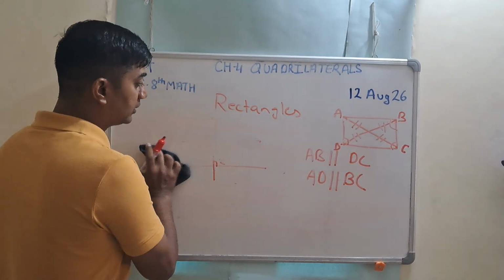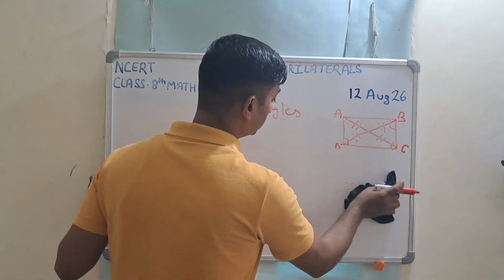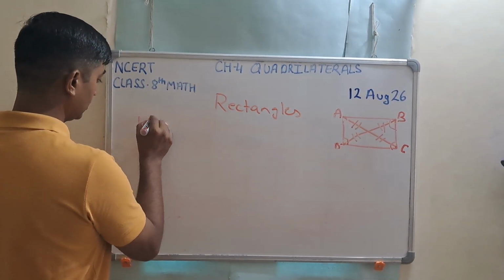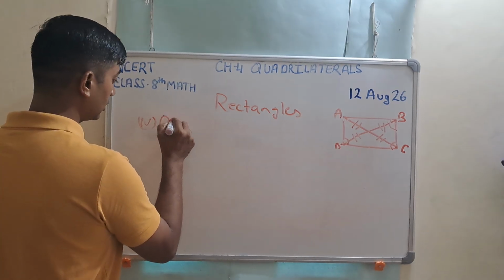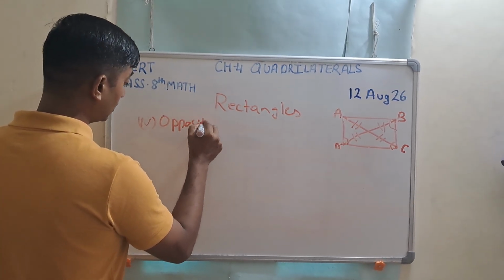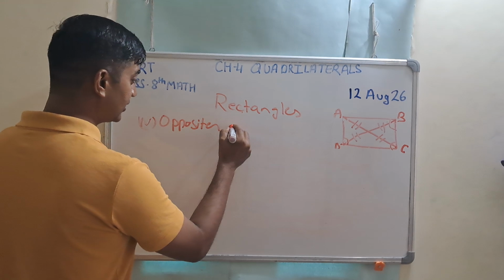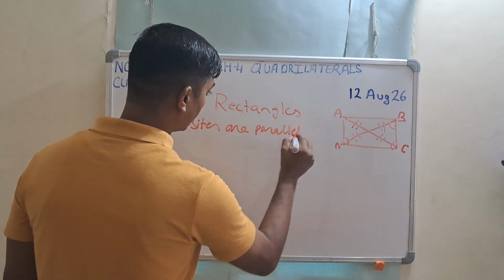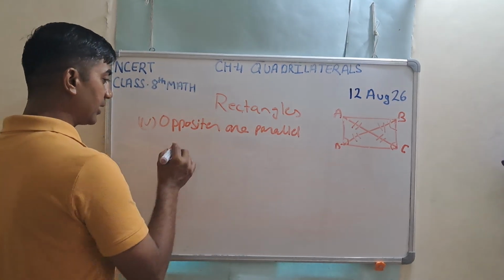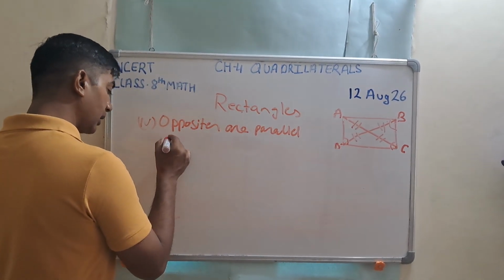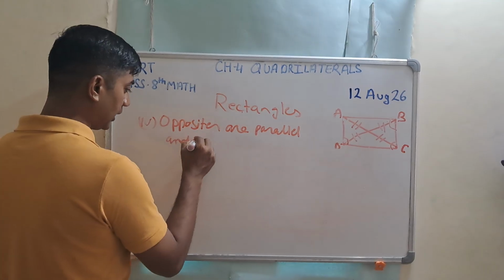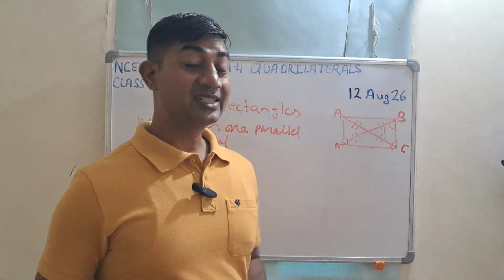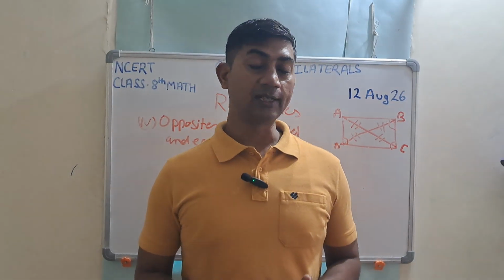This is what we have learned new: in a rectangle, opposite sides are parallel, and we can write another point here, and equal. Understood? So opposite sides are parallel and opposite sides are equal.